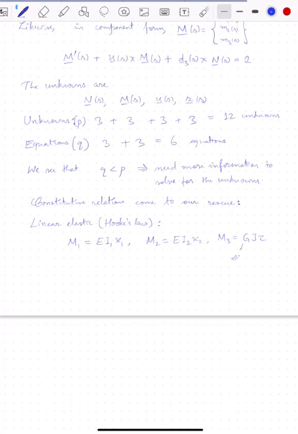So G is the shear modulus and I1 is equal to I2. These are area moments of inertia, and E is the Young's modulus. And J is the polar moment of inertia.